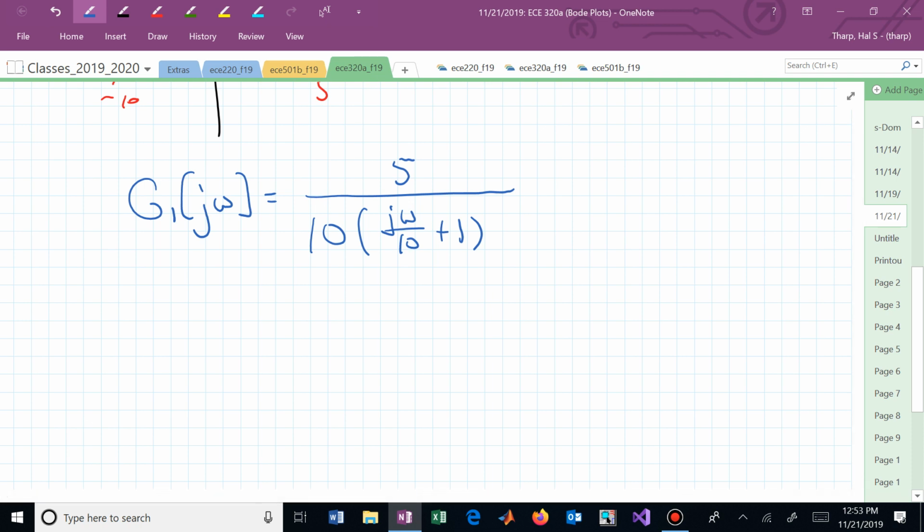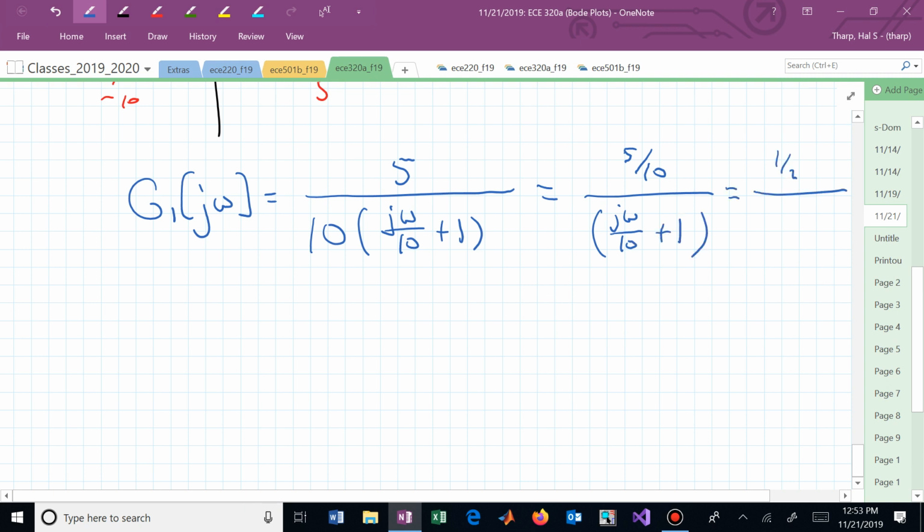I haven't changed anything. I've just reparameterized it. I can move the 10 in the denominator upstairs. And in this case, my capital K from before is this 1/2.